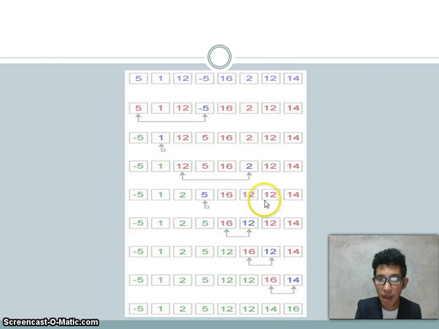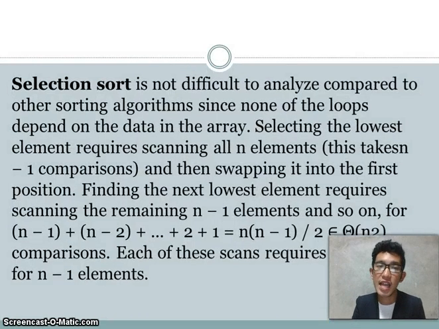So, dadaan tayo sa maraming proseso bago natin makuha ang sorted elements. Yan ang halimbawa ng selection sort. You have to choose the lowest two elements that are not sorted. Selection sort is not difficult to analyze.